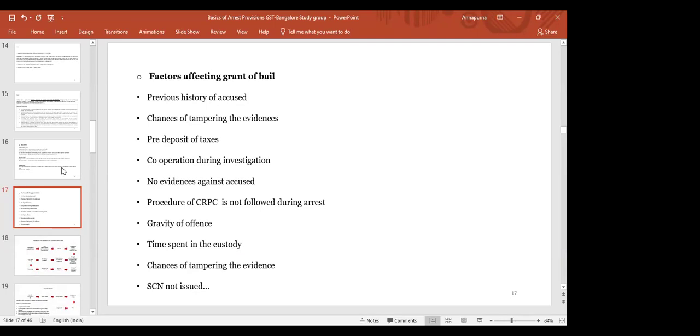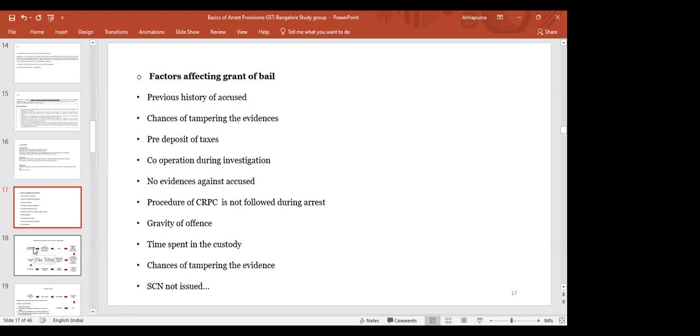Generally, when granting bail, they look at the history of the accused, the chances of tampering with evidence during the proceedings, how much pre-deposit of taxes is made by the accused, how they cooperate during summons proceedings or investigation, whether there is any other evidence against the accused, whether the procedure of CrPC during arrest was followed, the gravity of the offense, and how much time he has spent in custody.